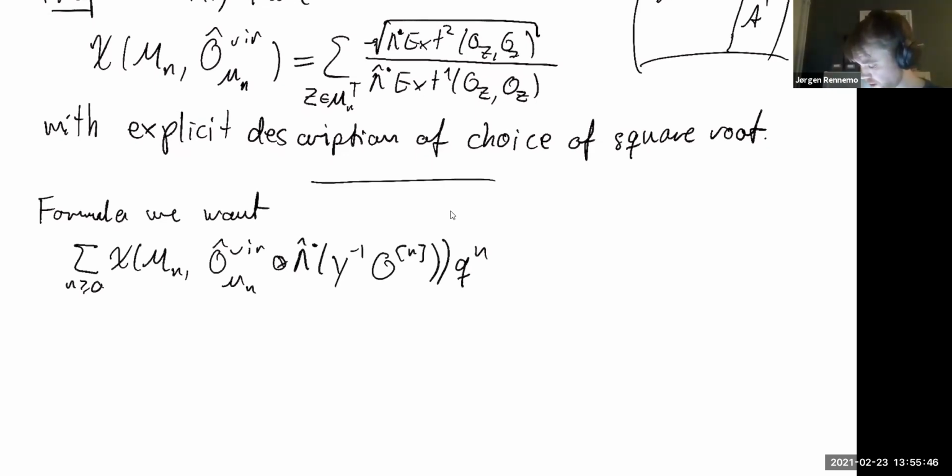And the formula we're after here is the plethystic exponential of something. And to a first order approximation, the important thing is that it's a simple function, and it's a rational function.